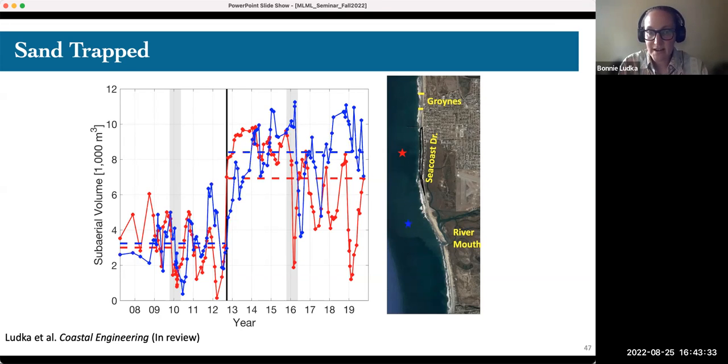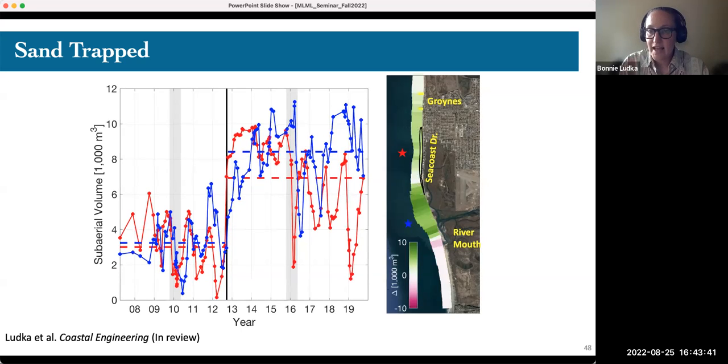And also down by the river mouth, we also see a positive jump in the mean value of the subaerial volume before and after nourishment. And if we plot those values all along this coast, we can see that we have a positive jump in the subaerial volume from about the river mouth to the groins. So we sussed out that the extent of nourishment influence is between the river mouth and the groins.